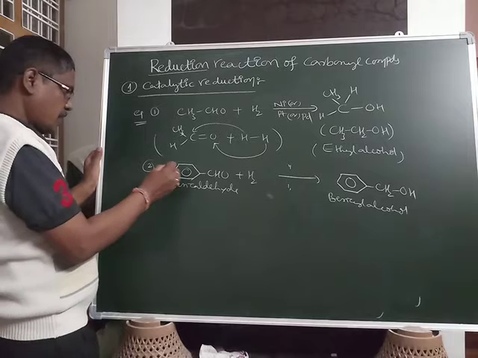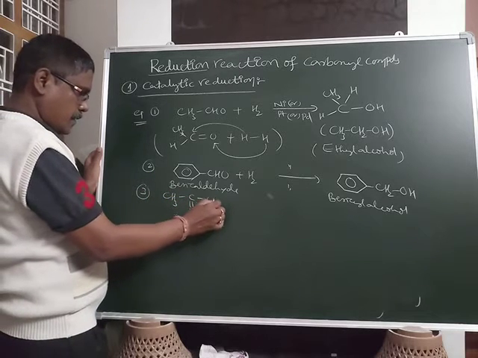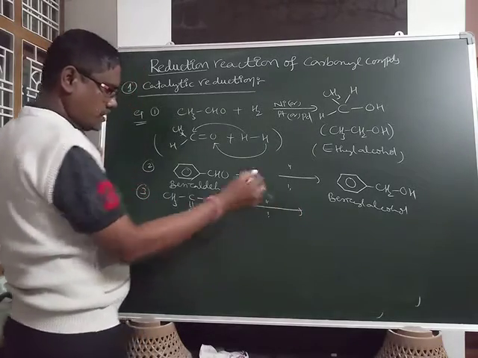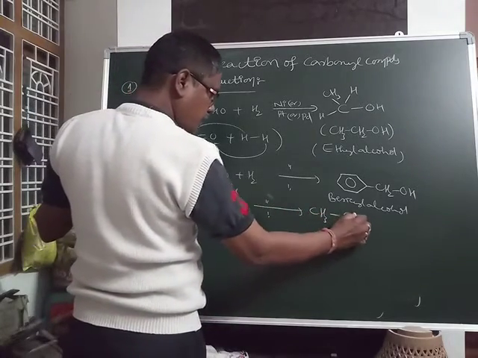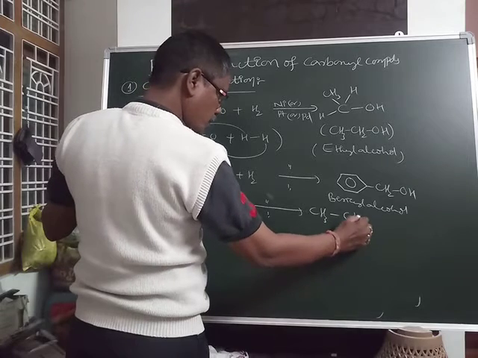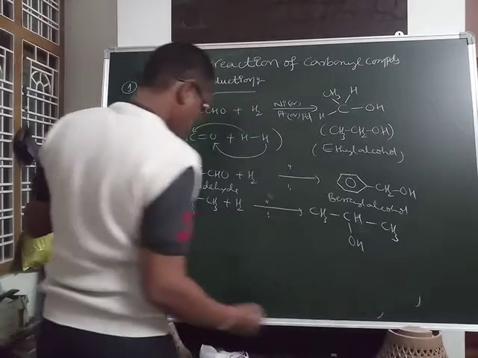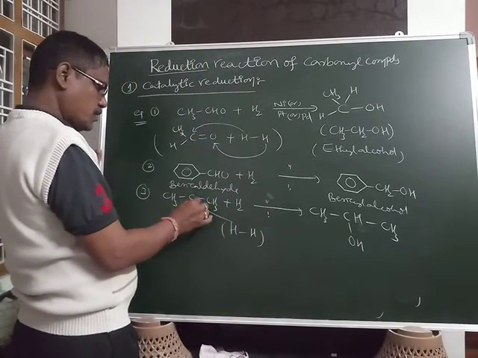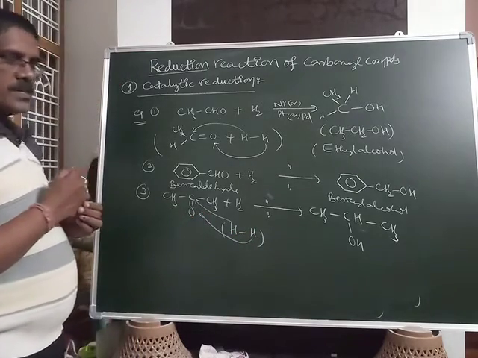Third one, when we take acetone with hydrogen, same catalyst, we obtain CH3CHOHCH3. How is it obtained? Hydrogen is added to this position and one hydrogen added to this position, the double bond converted to a single bond.